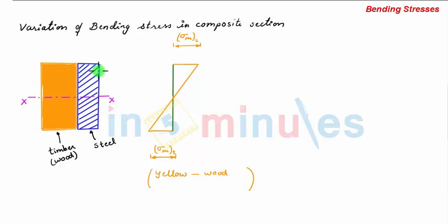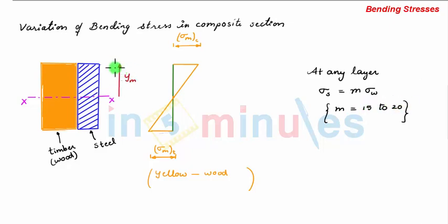Let us plot the variation of bending stress in the steel section and superimpose it on this same diagram. Now we know at any layer the stress in steel is m times the stress in wood. Also we had discussed for steel and wood combination, m is positive and is in the range of 15 to 20. So at the same extreme distance y max, that is at the extreme top layer, the stress in the steel section would be m times the stress in the wood.